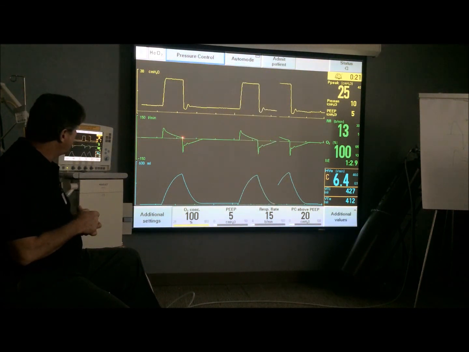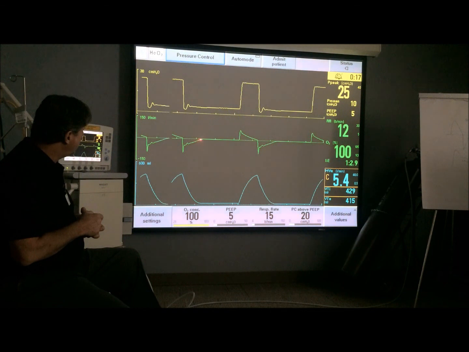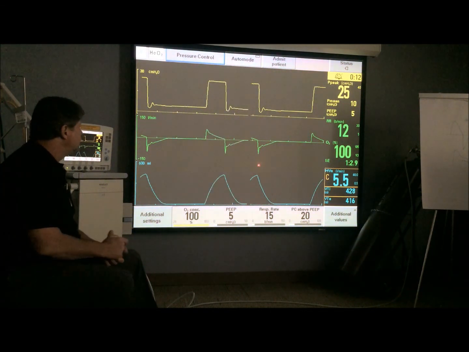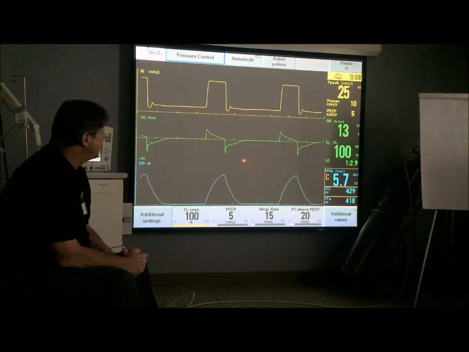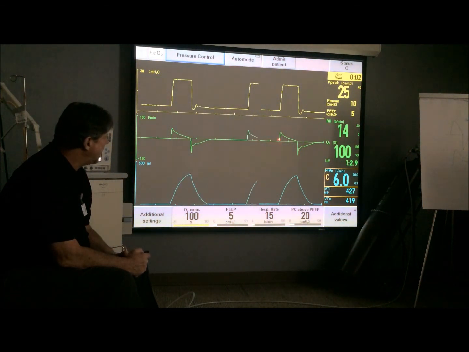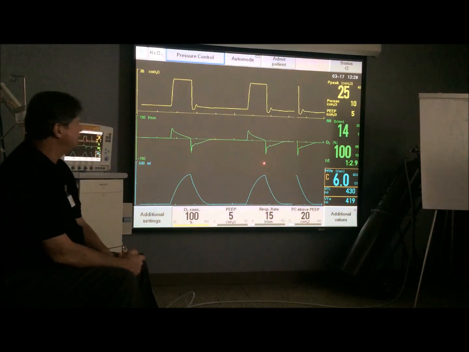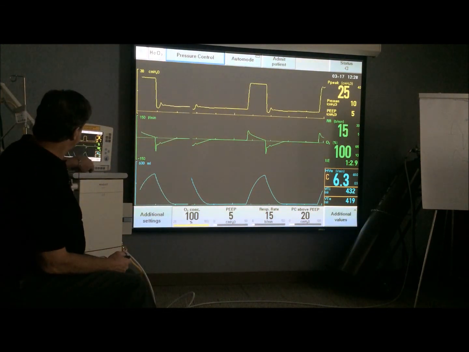As I said earlier, when we exhale to some peak flow and then come back to baseline before we're delivered the next breath, do we know whether we have any inadvertent PEEP? Well, we don't have any inadvertent PEEP because our expiratory flow comes back to baseline, 0, and then we deliver the next breath. So there is no air trapping or inadvertent PEEP in this scenario.